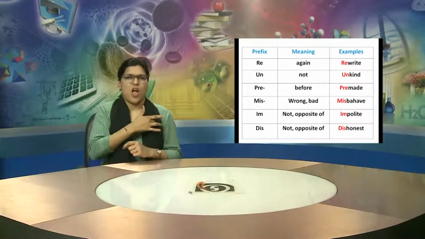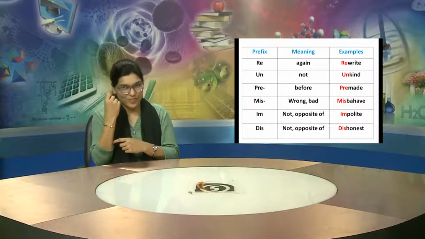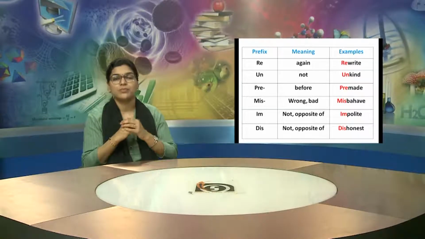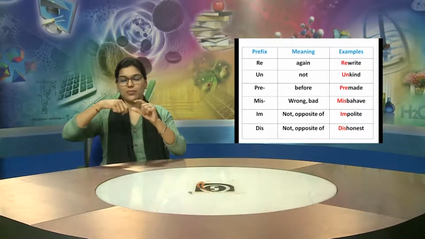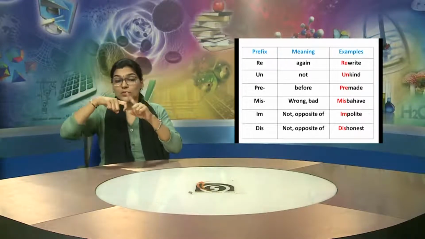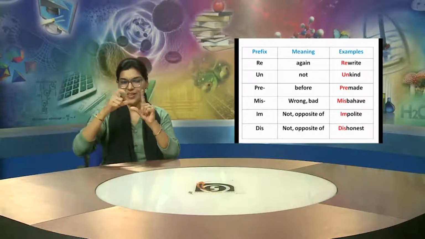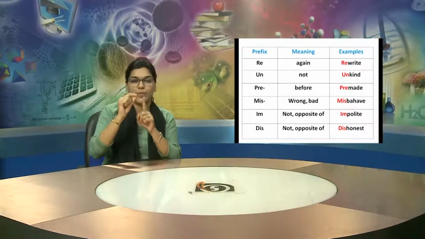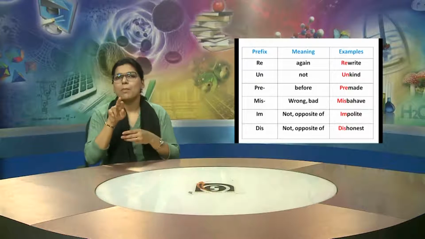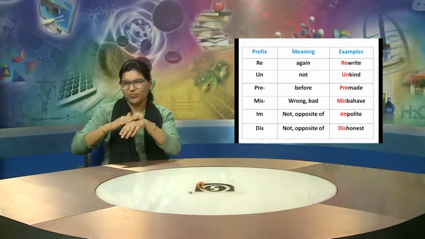Next word is kind. We can add prefix before the word kind and it would be unkind. Next is pre-made. The prefix in this is pre, which means before.